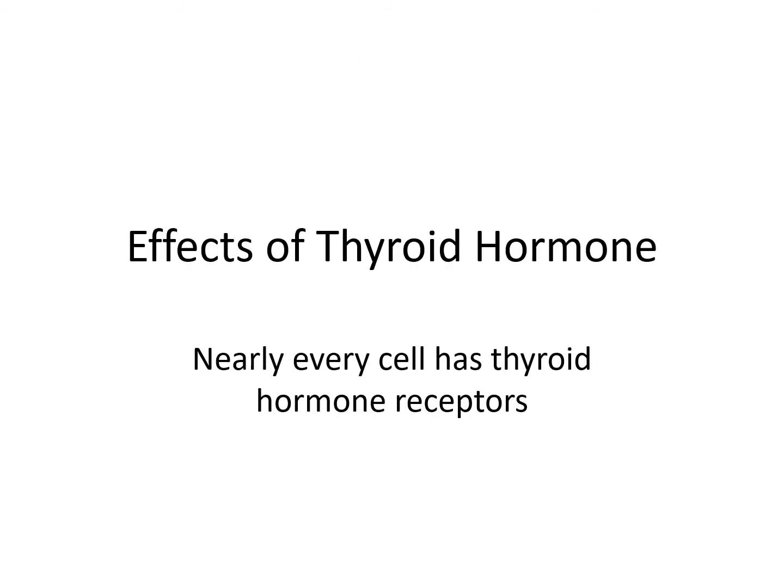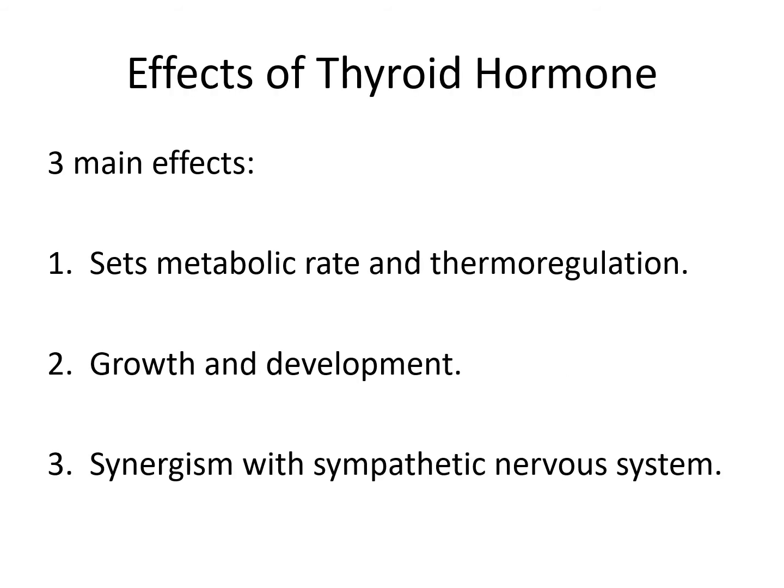Now, we mentioned that the thyroid hormones have a big influence on metabolism. So it's not surprising that nearly every cell in the body has thyroid hormone receptors, suggesting its overall importance on metabolism. It has 3 main effects. One, it sets the metabolic rate, how fast or how slow our metabolism is running.